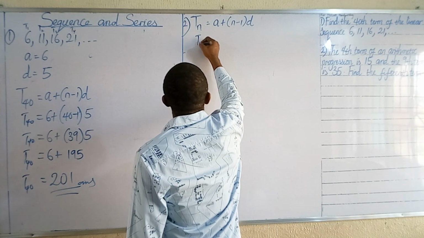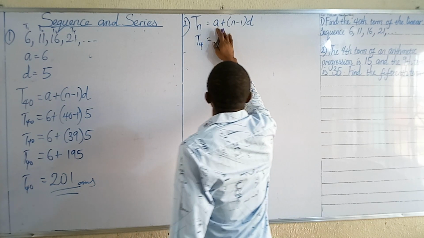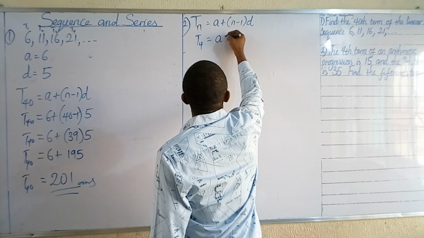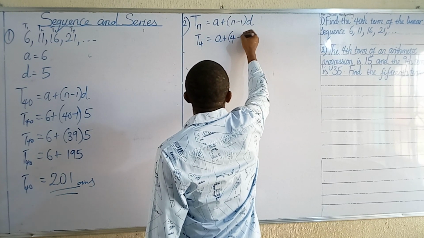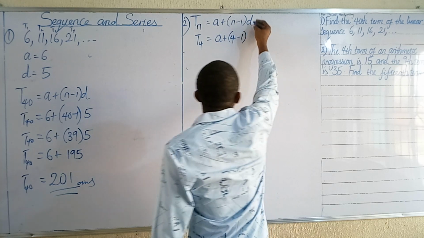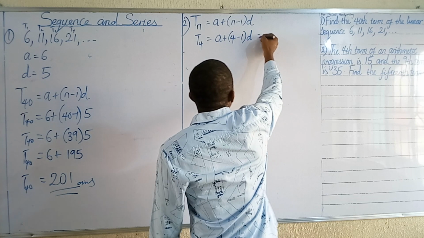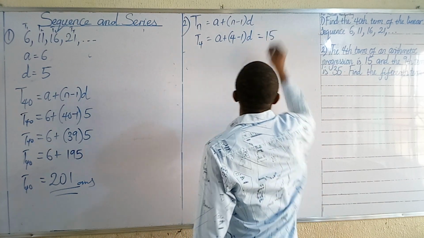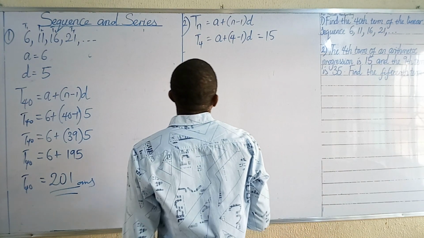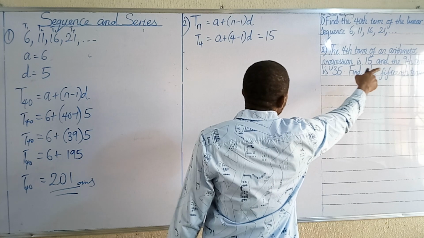Now, for T4, we don't have the value of A, so we write A plus 4 minus 1, times d, which we don't know the value of. They say that this T4 is equal to 15, so we equate it to 15.